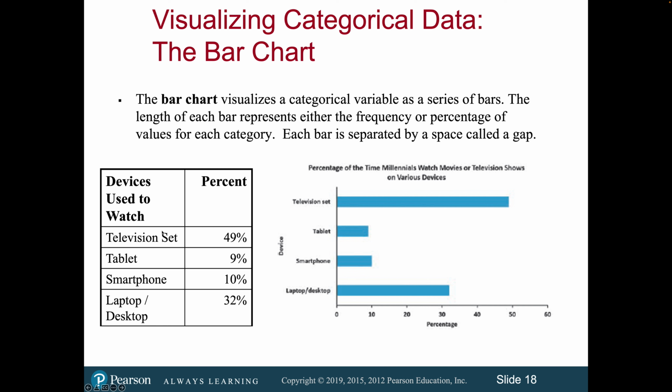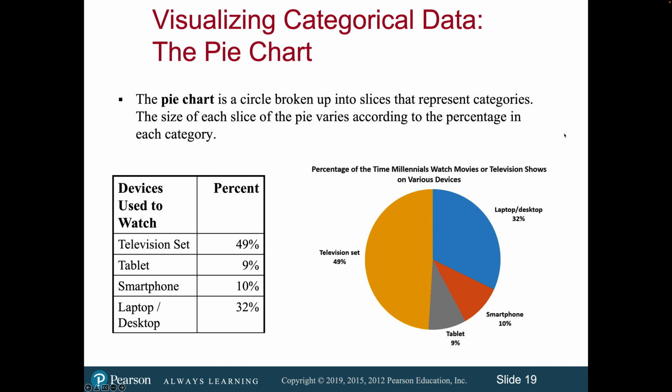So it's really easy. The television set, these are rounded from the previous example. We go to 49%, which just tells me we're going to bring this bar out to where it is at 49%. Pie charts just partition out a circle, a pie, proportionately.